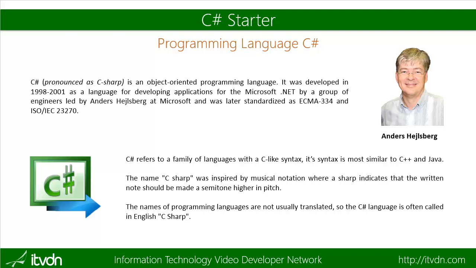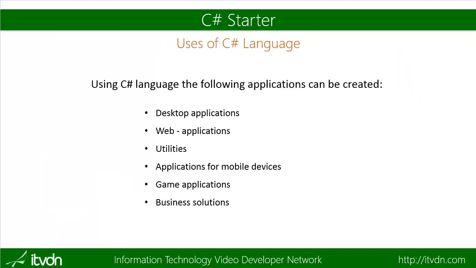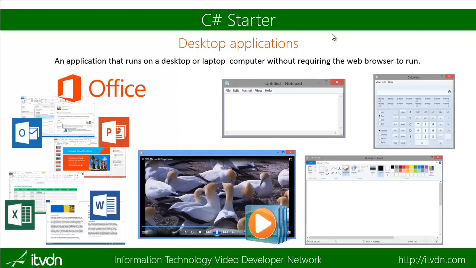And let's move on to the next slide. We also learned some of the uses of C#. Although these are not restricted to all this, we looked at desktop, web applications, utilities, applications for mobile devices, game applications, business solutions. We also looked at desktop applications. You remember, here they are: Office, Windows Media Player, Notepad, Calculator, Paint, and so on and so forth.